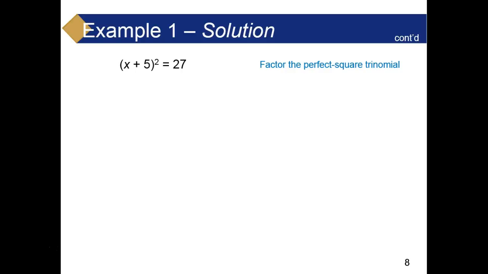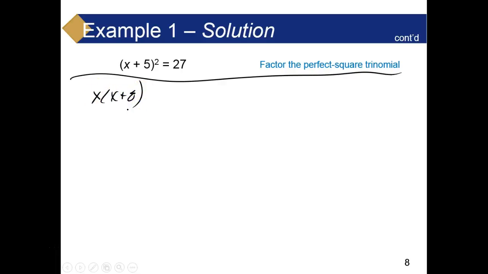All right, example 2. Let me get the pen set up. Okay. Example 2, top of page 312, section 6.3. Solve this. x times x plus 8 is equal to negative 23.